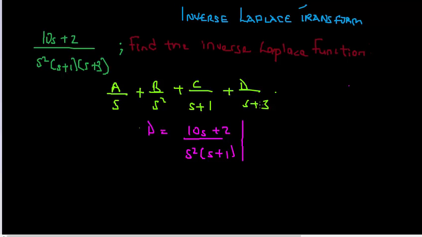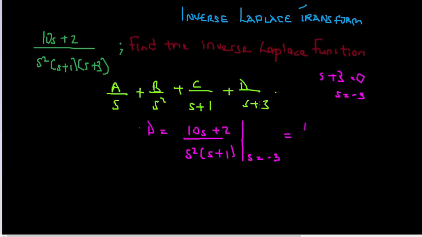Now if you equate s plus 3 to 0, you'll have s equal to minus 3. You remove the denominator of D from the major equation itself and substitute the value of s when you equate that value to 0.